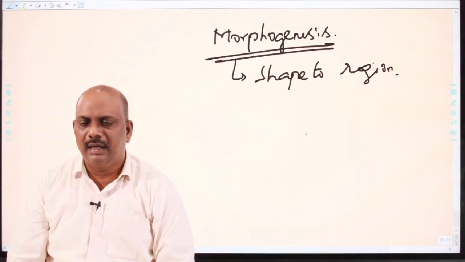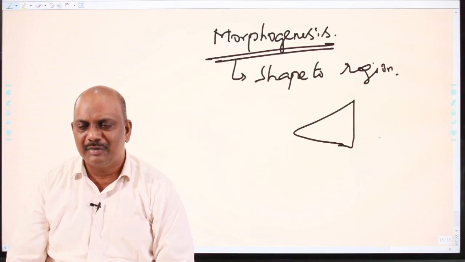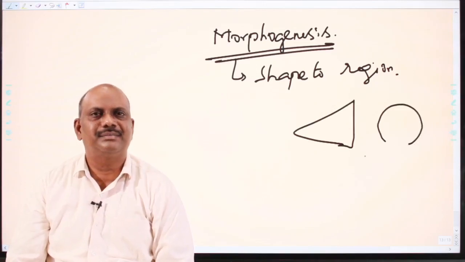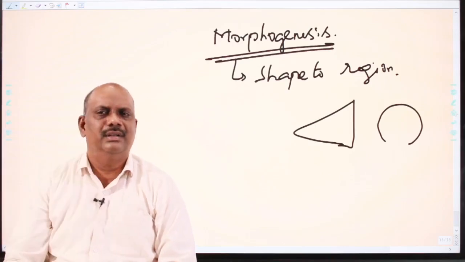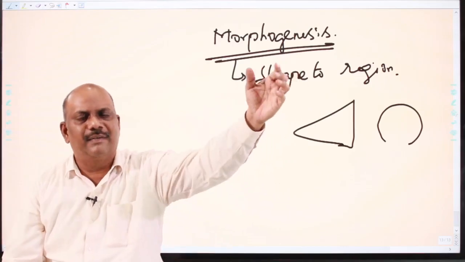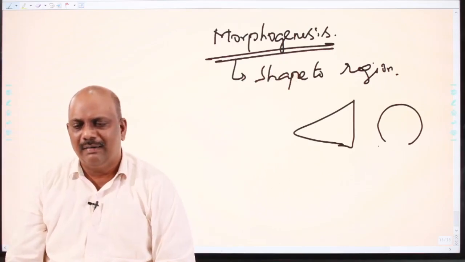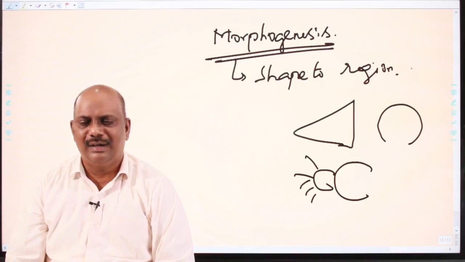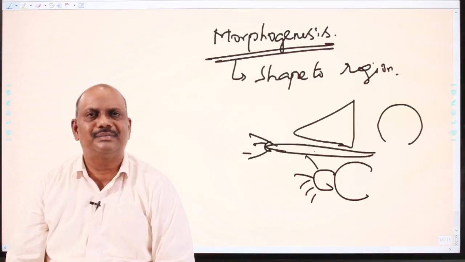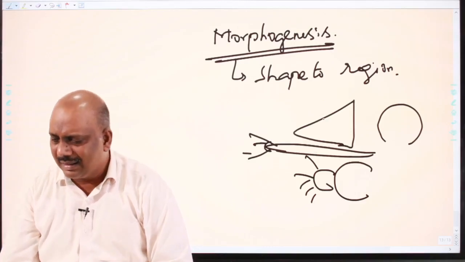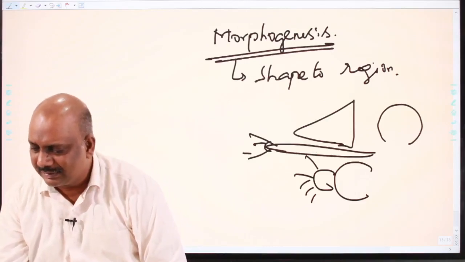People's heads cannot be a triangle. It needs to be spherical. Our arms should be linear. We cannot have an arm like this. An arm should be linear. This is called morphogenesis.